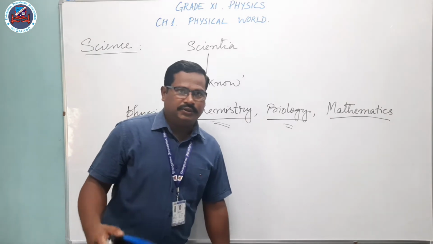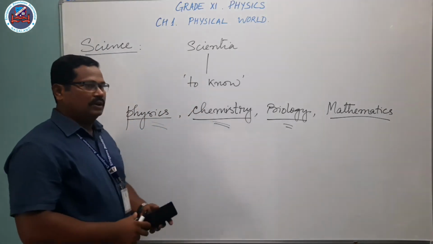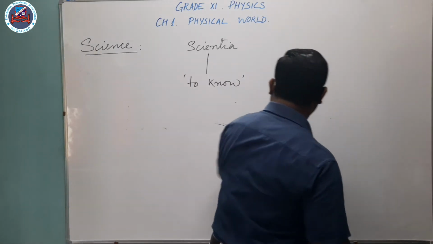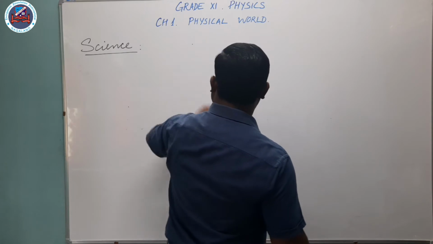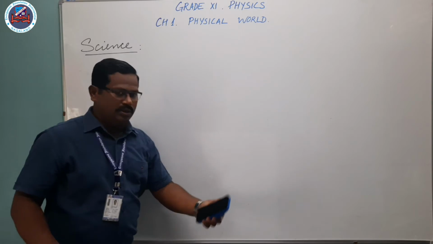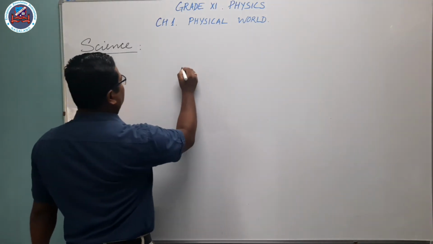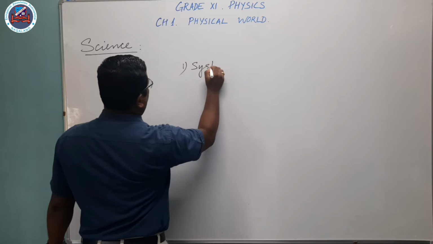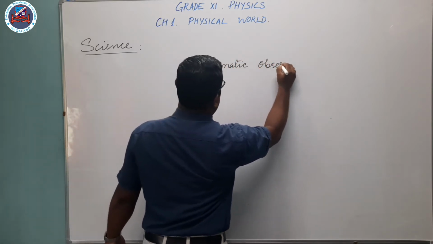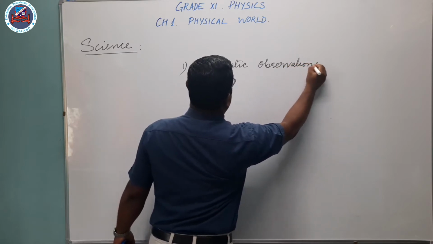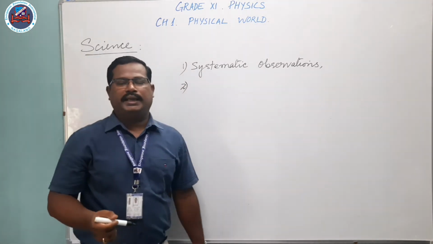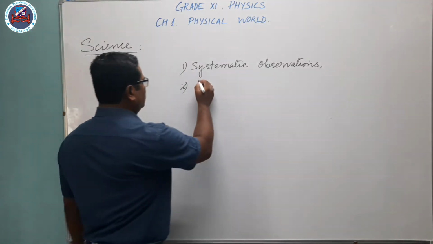But scientific theory involves a series of interrelated steps. Let me write them down. First of all, the scientific method involves systematic observations. Then the second one, controlled experiments.